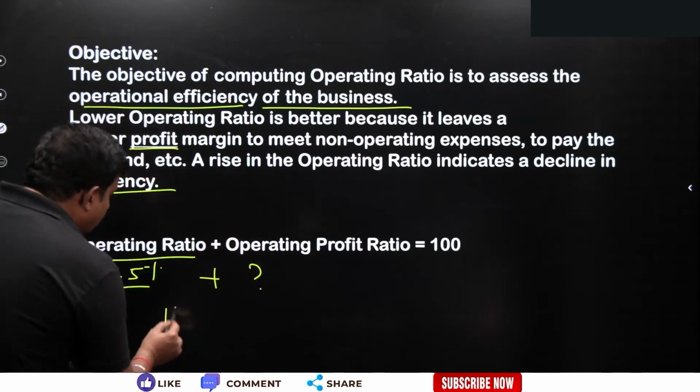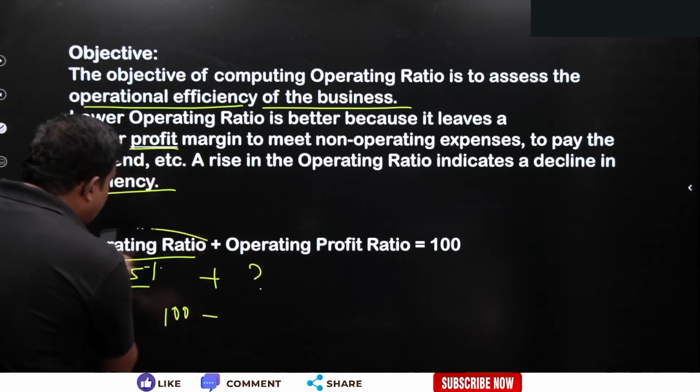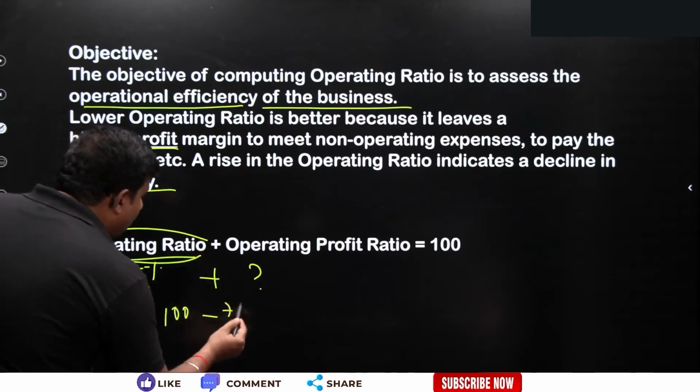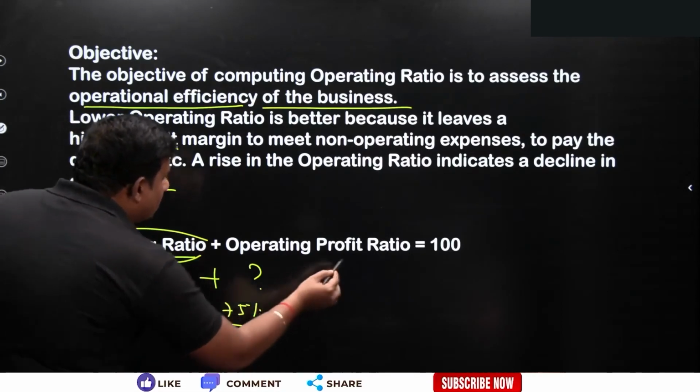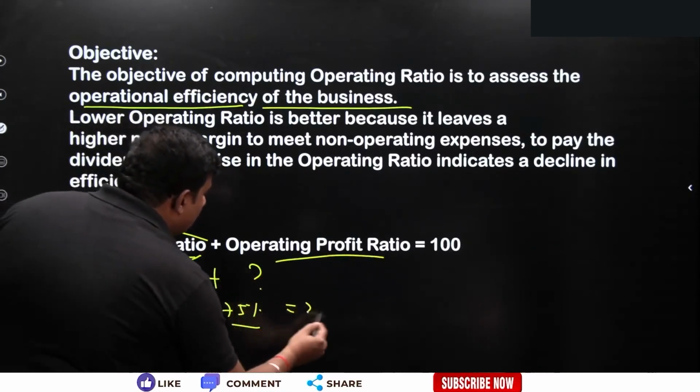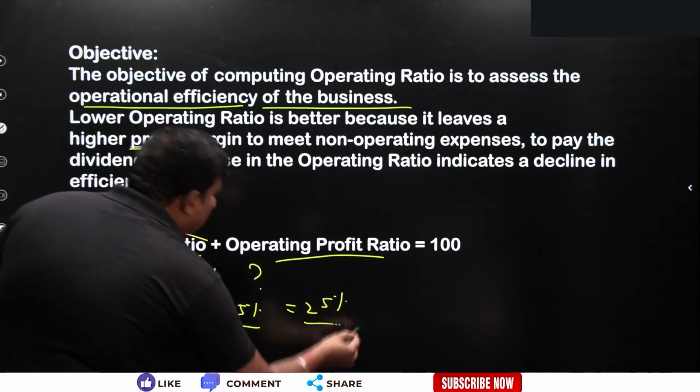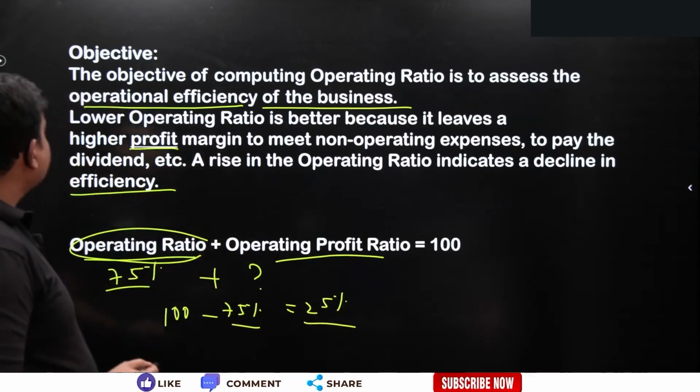It's really simple, 100 minus operating ratio, that is 75%, so you'll come to know about the operating profit, that is 25%. This is very important.